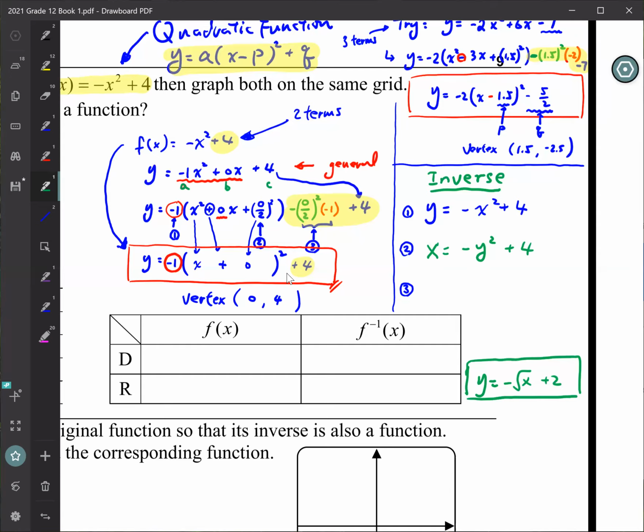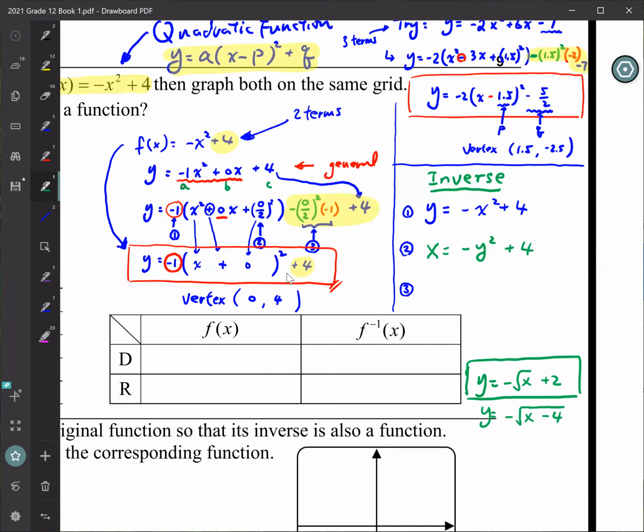Does anyone have anything different? Claire Z. I got y equals negative root x minus 4. Outside or inside the root, the minus 4? Inside. Okay, any other answers?